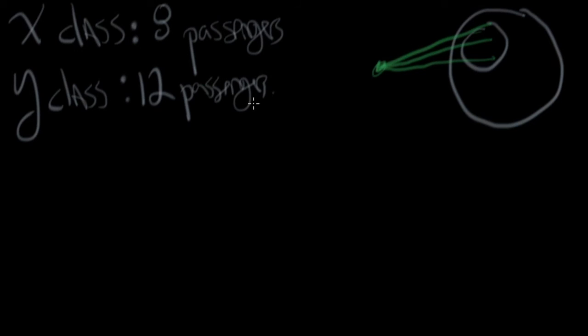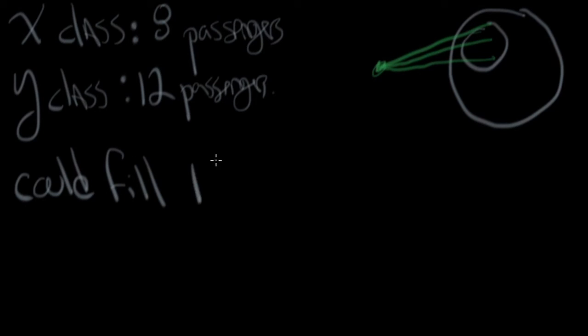Okay. So what you are given, what you know, is on the first run at the Death Star that you could fill 15 X-class and 2 Y-class.